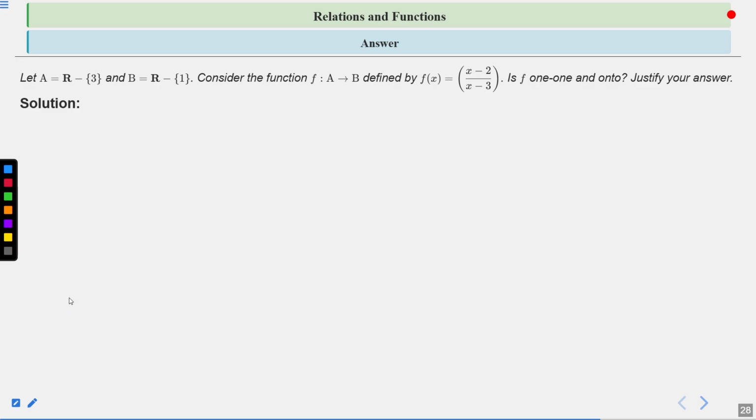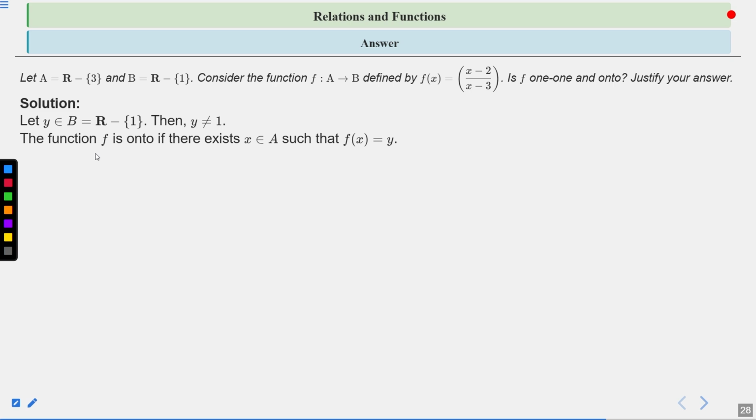Now for onto, pick any element from the codomain set. The codomain is B, so any real number except 1. So y is any real number but not equal to 1. The function is onto if there exists x belonging to the domain such that f(x) is y.